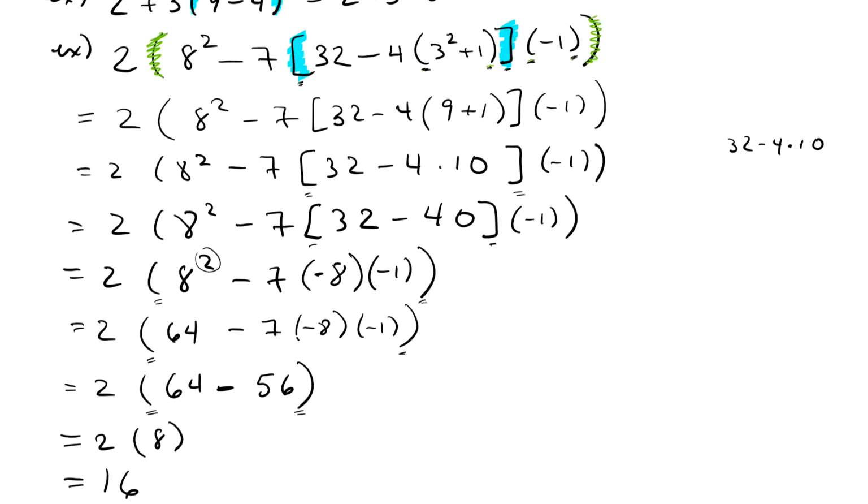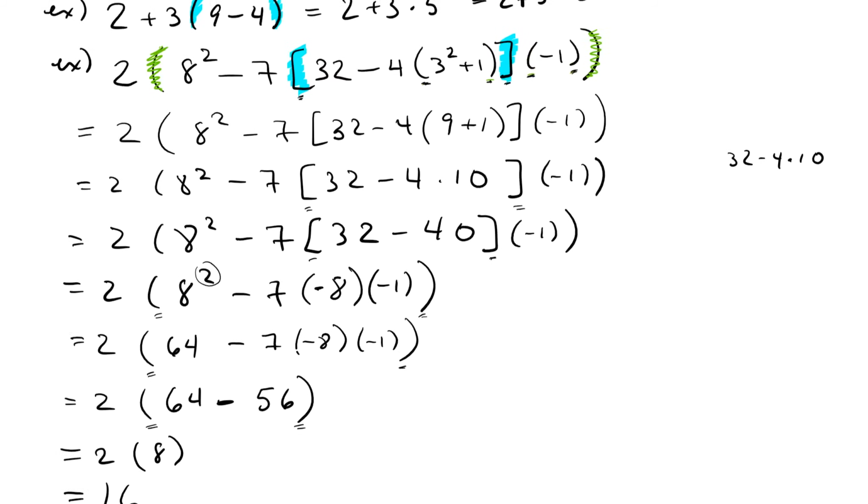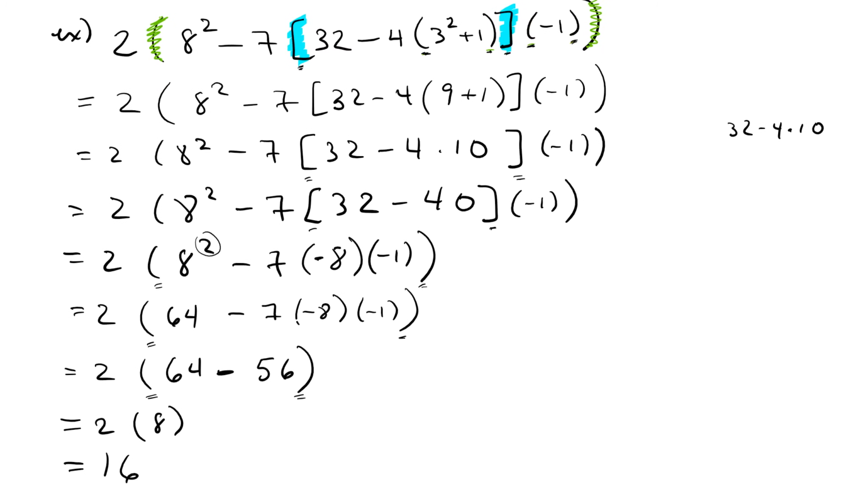Sometimes you can do a lot of operations at the same time. Maybe to give you an idea, I could redo this example. But before I do that, I'd like to show you something. When you write down your solution, it's really good to stack up all the different expressions that you get after each step, like I did.